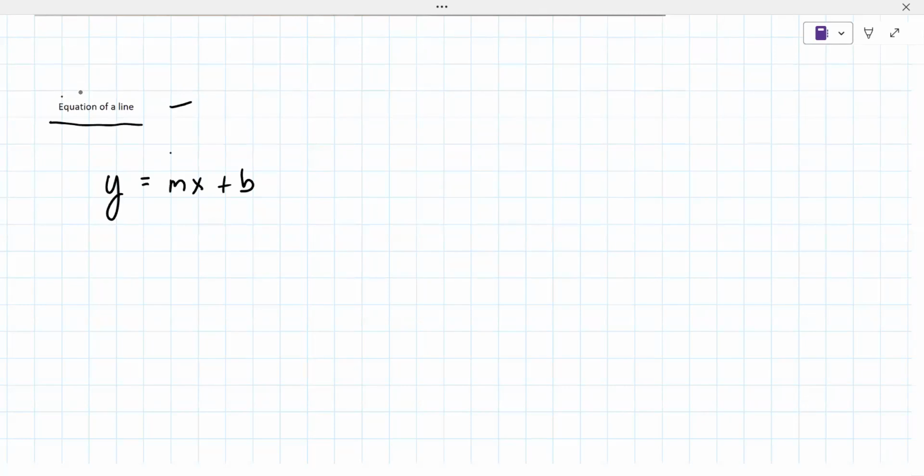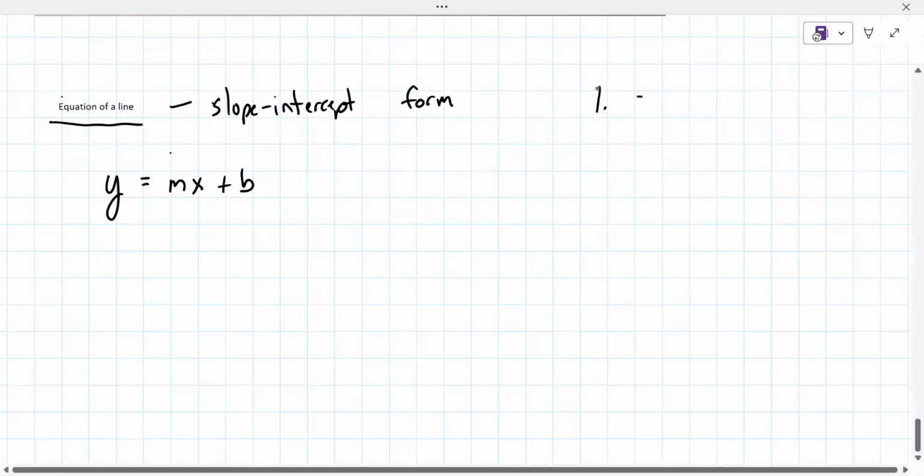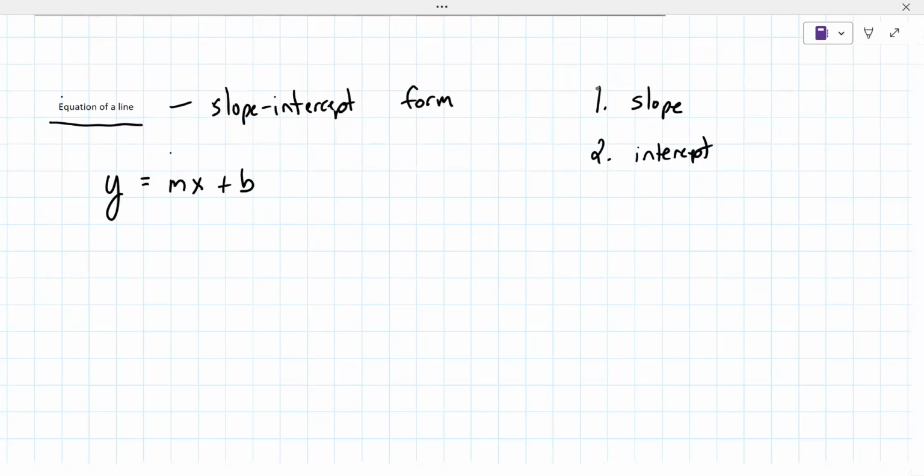The equation of this line is called slope intercept form. Is that okay for the moment? So it requires two things. It needs a slope and an intercept.